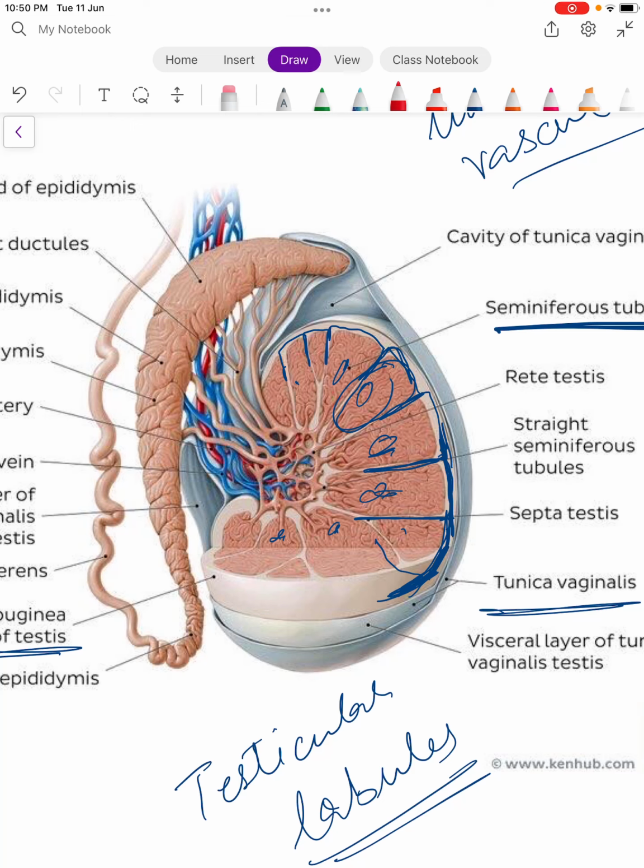Then from these tubules they move into here, and all these compartments, these seminiferous tubules, open into a new body, a network of further tubules which is known as rete testis. तो इस पूरी बॉडी को क्या बोल रहे हैं? Rete testis. Okay.